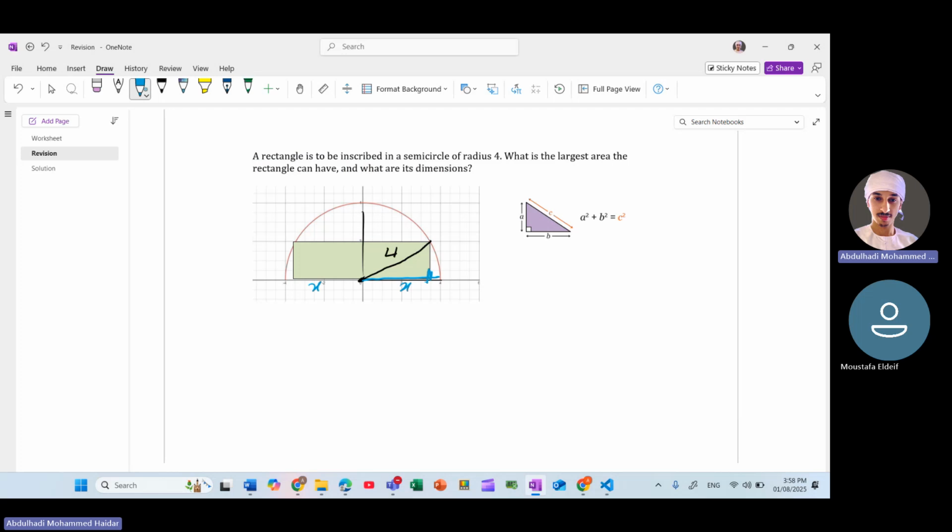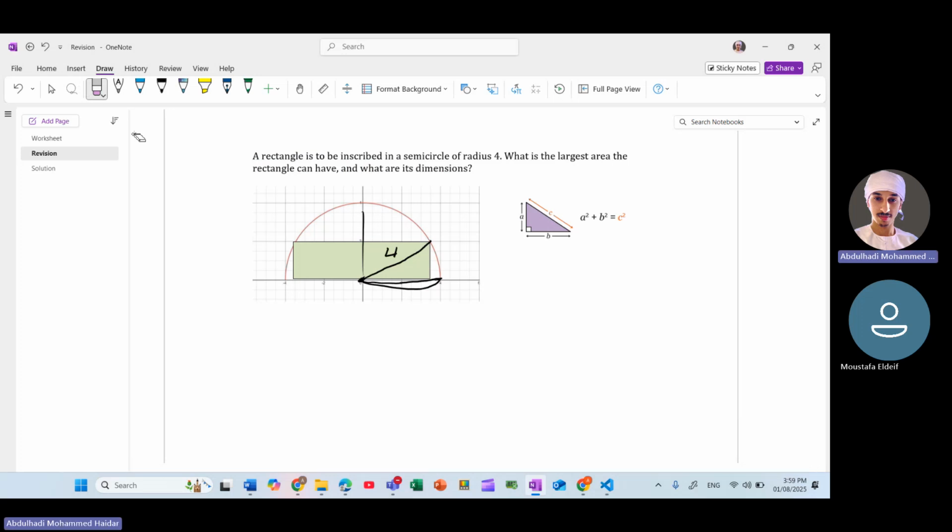We don't know this, so it's the variable x. So to know all this, it's going to be 4 plus x.